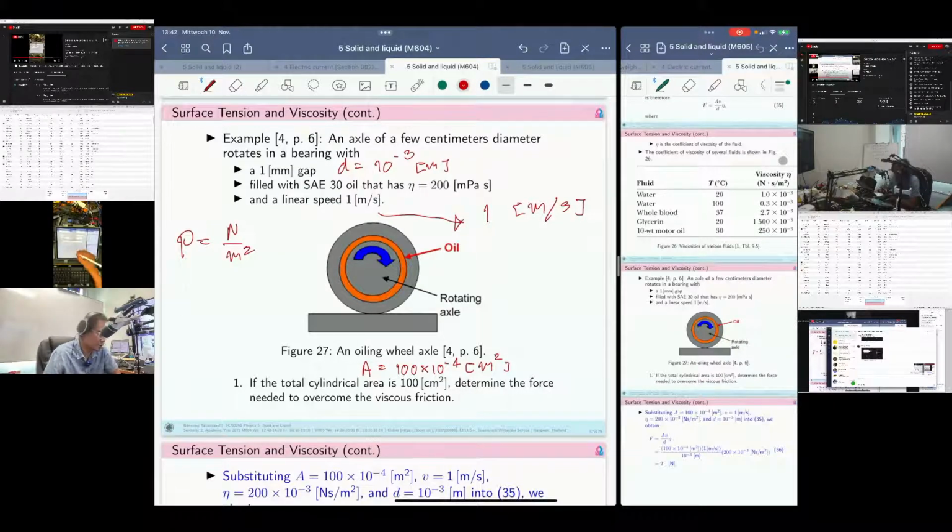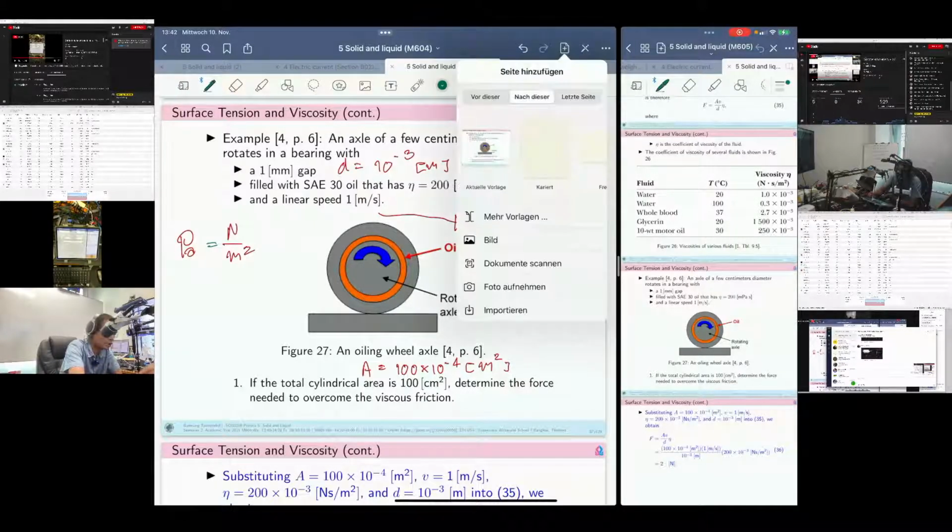Pascal is equal to that unit, Newton per square meter. So we have here Pascal times second, and m is the milli, which is 10 to the negative 3.